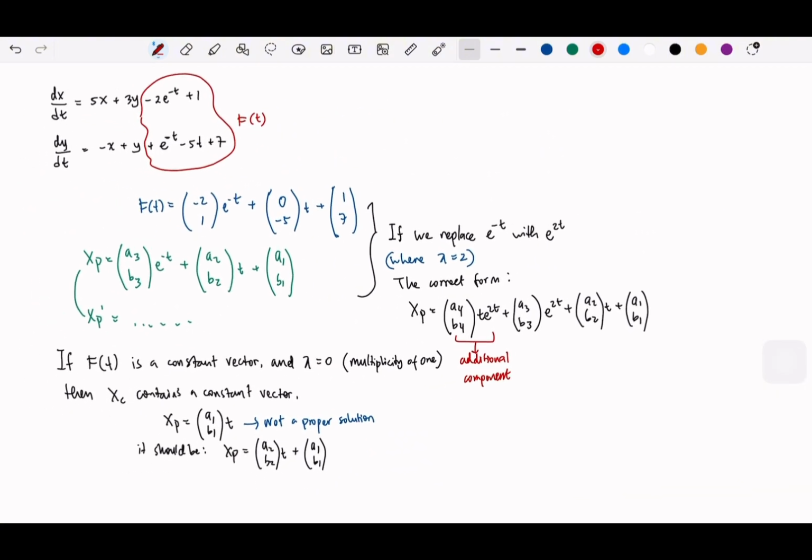And I think I need one more small topic to finish off this topic for the non-homogeneous system. Since we already know the diagonalization, let's use that as well to solve the system.